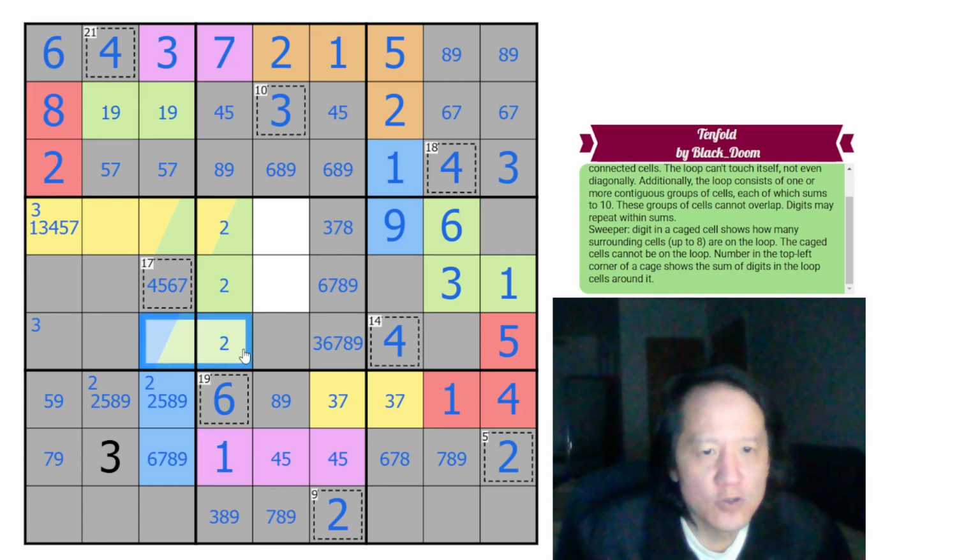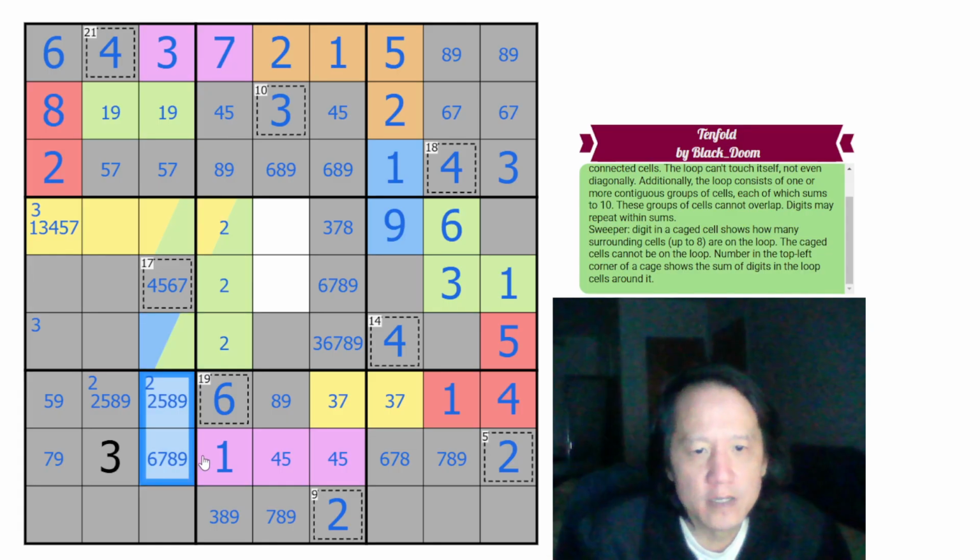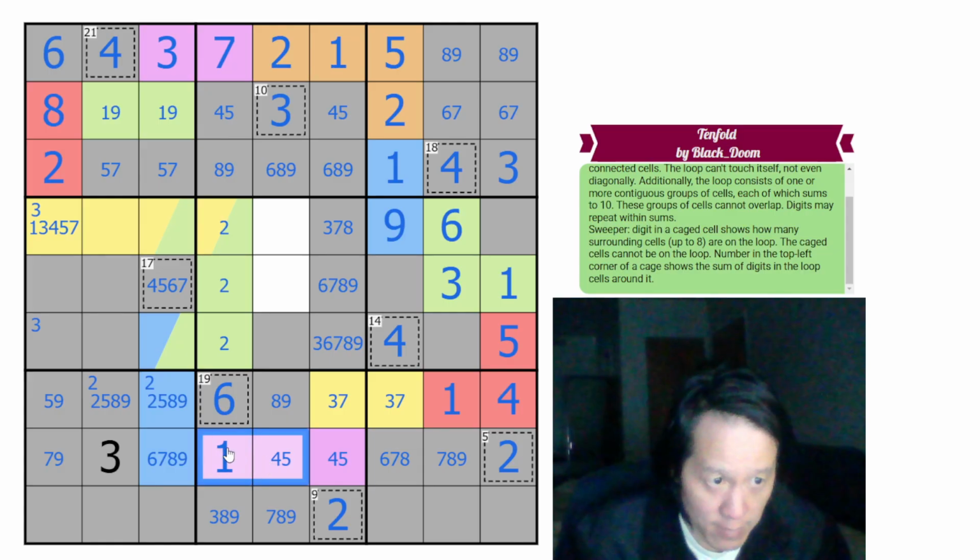Can these green cells ever add up to... So this is at most... If these are 2 green cells, this would add up to 10. This adds up to 1 and 4 at minimum. So this is 4 at most.